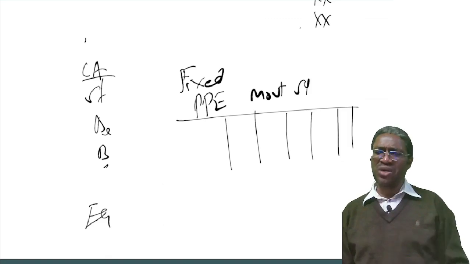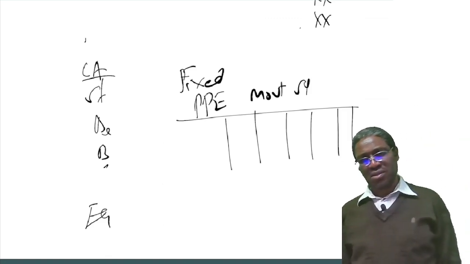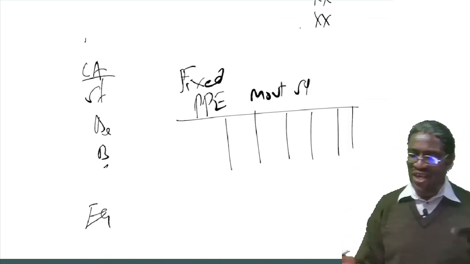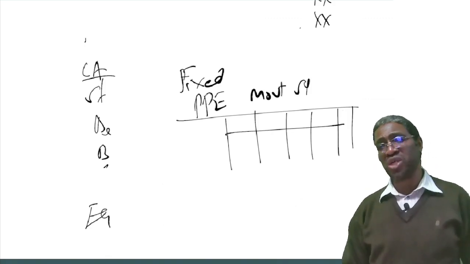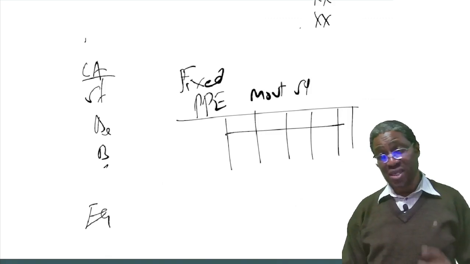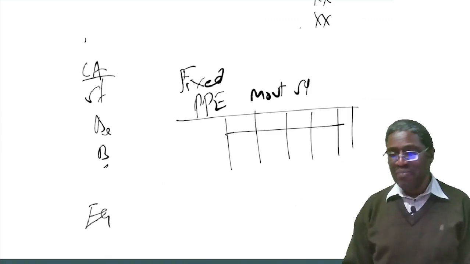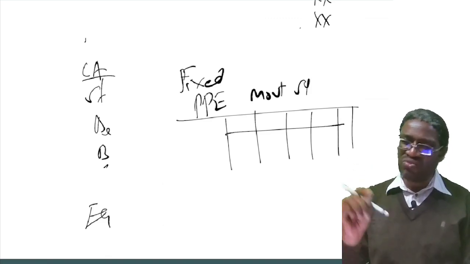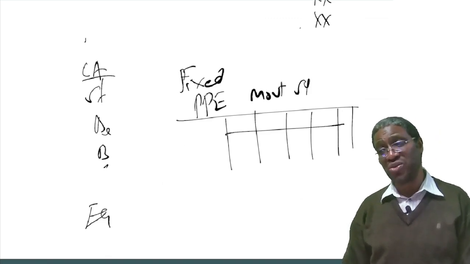The question now is, are there any fixed assets which a company may have, but they could never be used when you are preparing this fixed assets movement schedule? The answer is yes. There are some fixed assets your company may have, but they will never be shown in the fixed assets movement schedule, or what you can call property, plant, and equipment movement schedule.